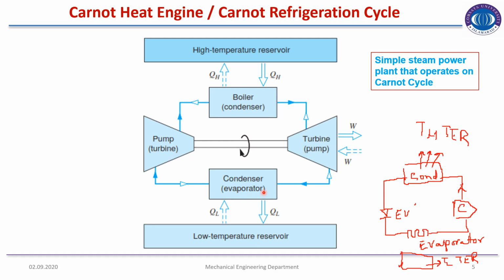Then there is an evaporator, you can see here the evaporator cabinet of the fridge, that is the low temperature thermal energy reservoir, and in the dotted line you see that it is extracting heat from the things placed inside the fridge.